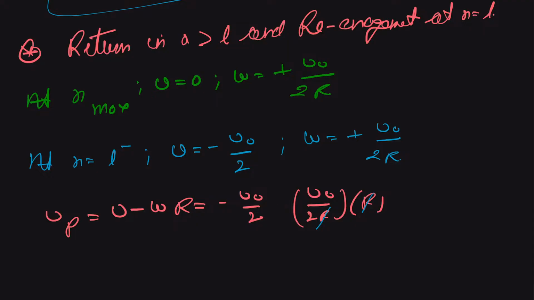Yes, my mistake, this is minus, otherwise it would have come 0, so this will be coming minus of v naught.